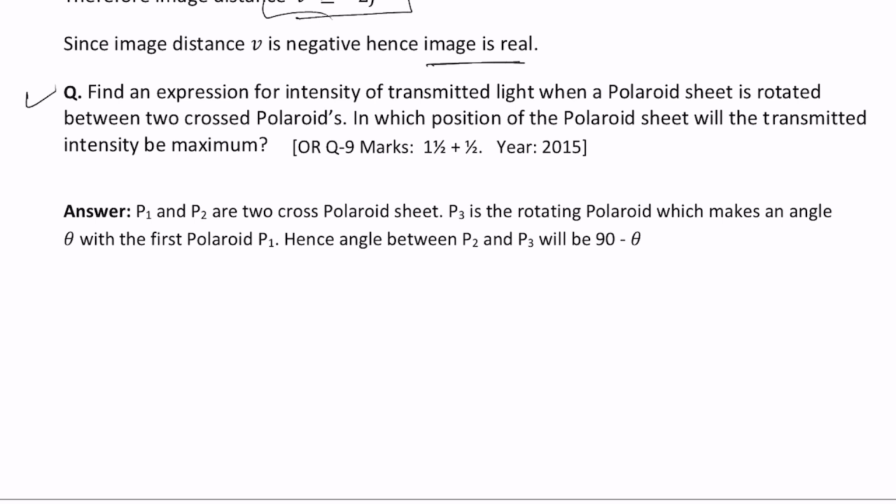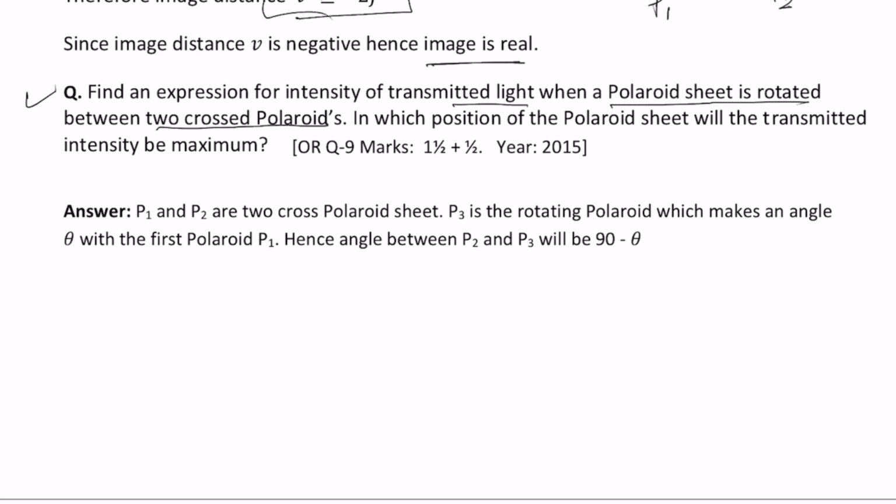Next question: find an expression for the intensity of transmitted light when a Polaroid sheet is rotated between two cross Polaroids. Two cross Polaroids means the axis of the first Polaroid and the axis of the second Polaroid are at 90 degrees.